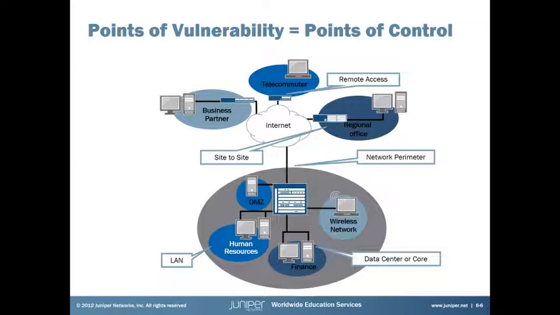Points of vulnerability. The remote access coming in from a telecommuter or a regional office. Site to site is a site to site vulnerability. The telecommuter will connect periodically, so I'll have a temporary connection. That's one vulnerability. The site to site will have a permanent connection, which creates another type of vulnerability.